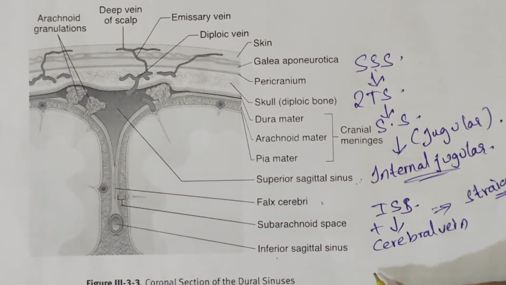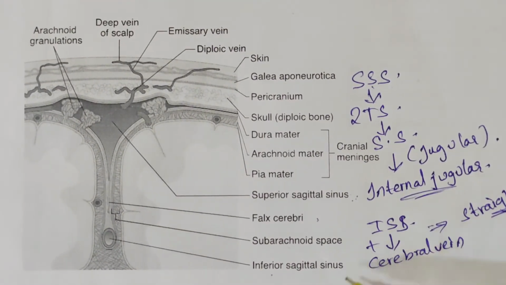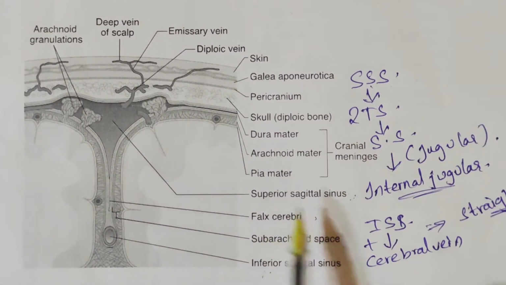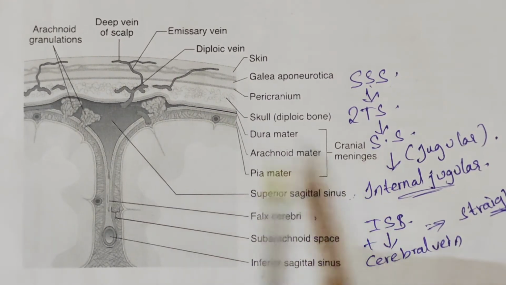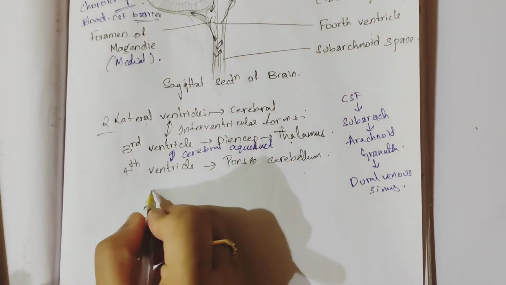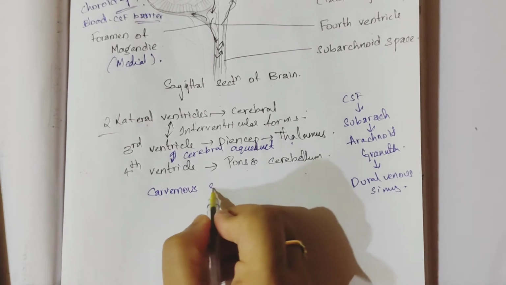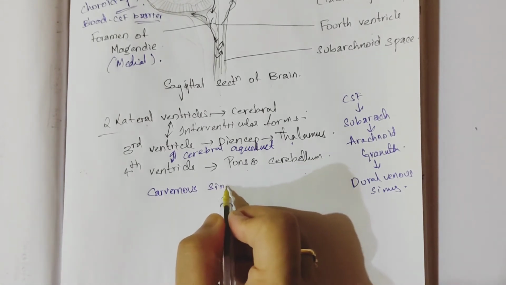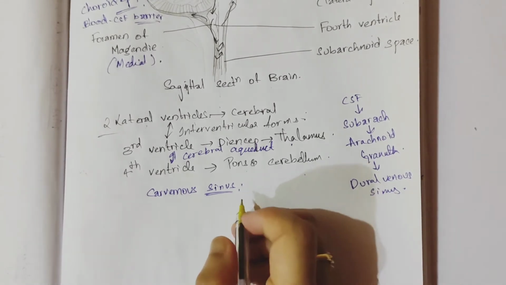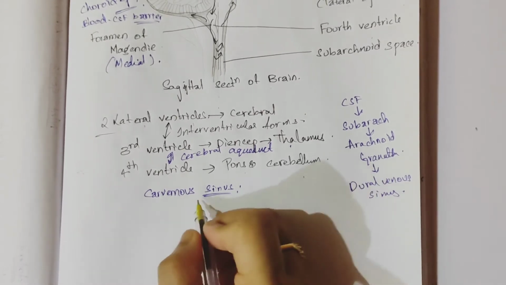Next comes the cavernous sinus. In the picture we see the subarachnoid space, falx cerebri and so on, and the cavernous sinus. This is nothing but a group, or venous plexus, on either side of the sella turcica.